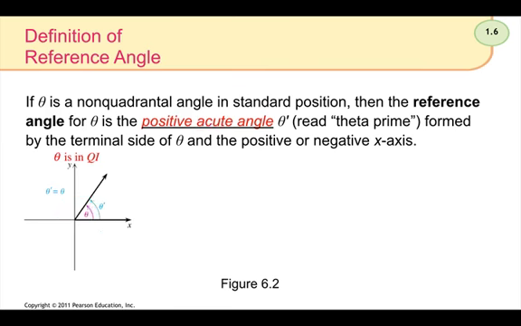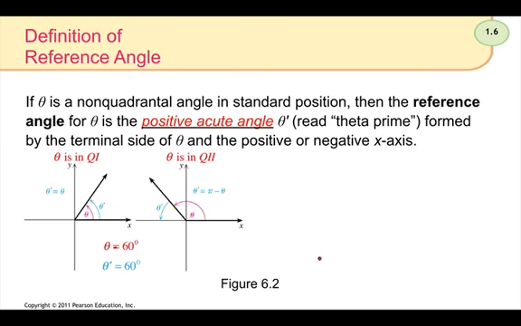Let me continue. As an example, if theta is 60 degrees, the reference angle, or theta prime, is also going to be 60 degrees. Second figure: now theta is in the second quadrant, like in this picture.